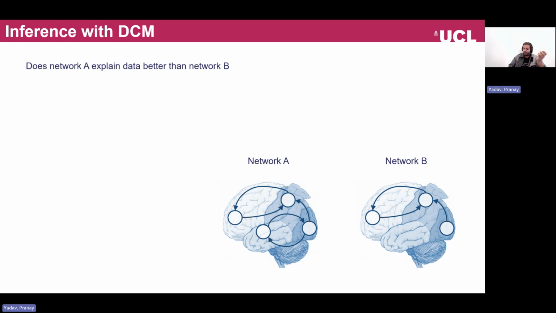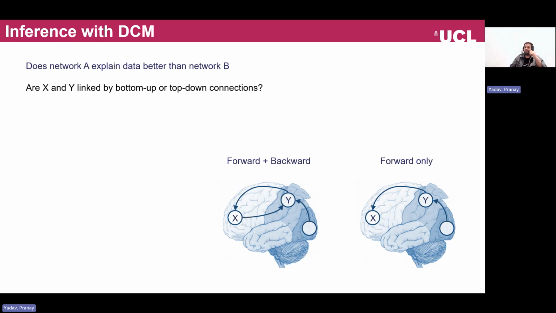There are many kinds of such investigations that can be performed with DCM, such as we could compare whether network A here is better than network B with one less node. We can ask whether X and Y have a forward-only connection, so a bottom-up connection, or they have a top-down connection as well that is meaningful with regards to the data.